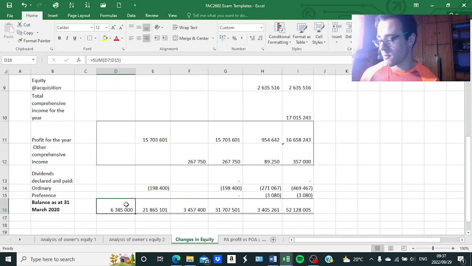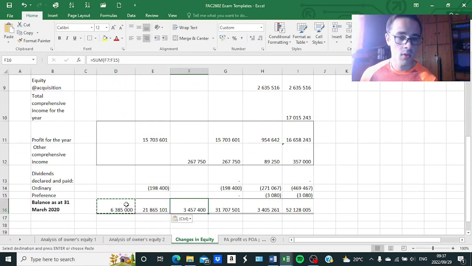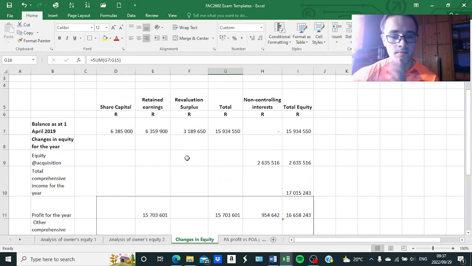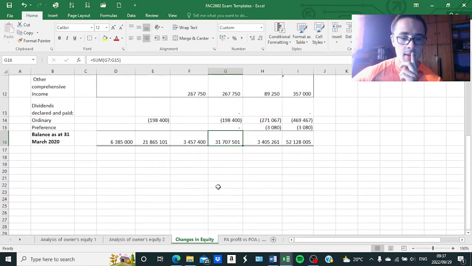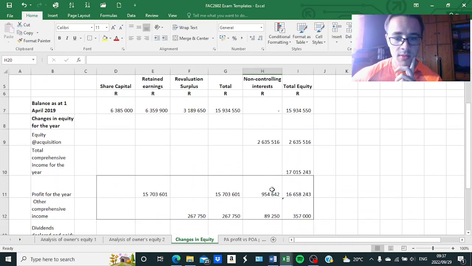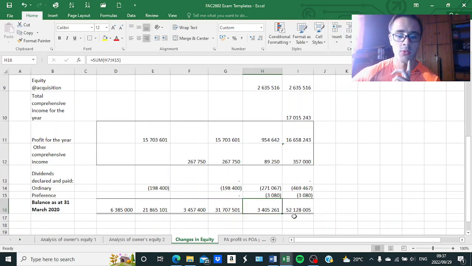We'll just copy the formula. And then for your NCI, it will also be 3405,261. We just need to adjust this total right here because that is not correct.